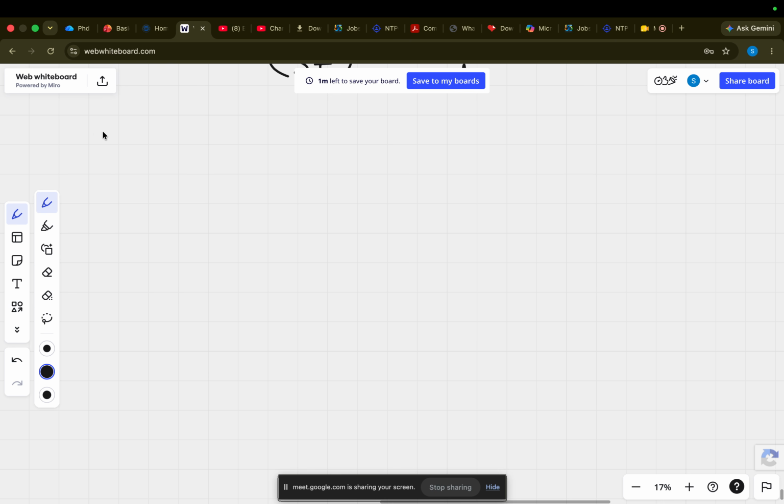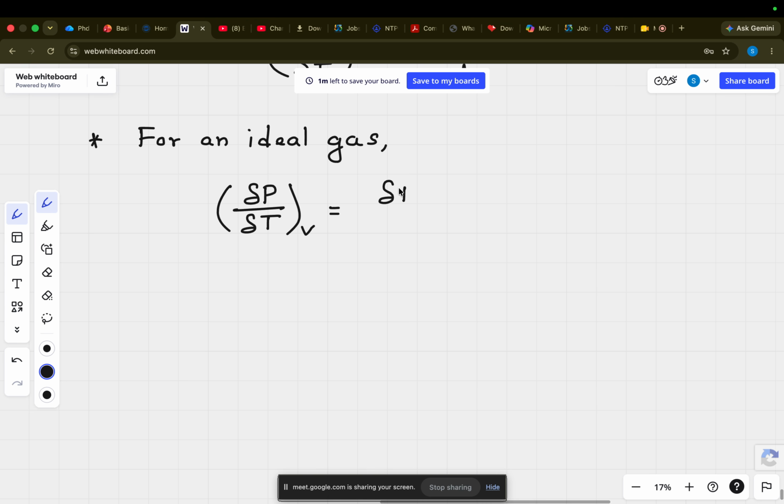Now, the next question they are asking: for an ideal gas, del P by del T at constant V is equal to what? Del T by del V at constant P is equal to what?